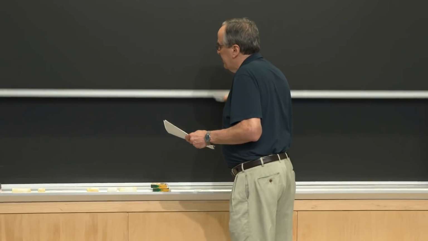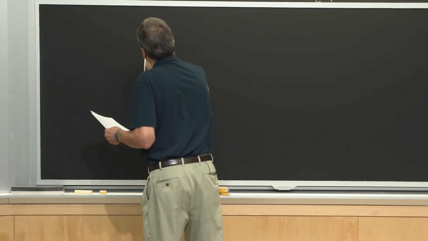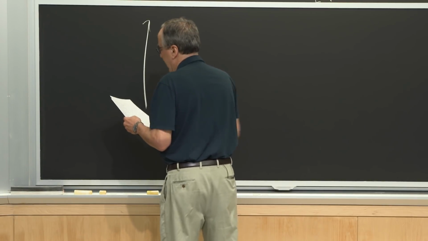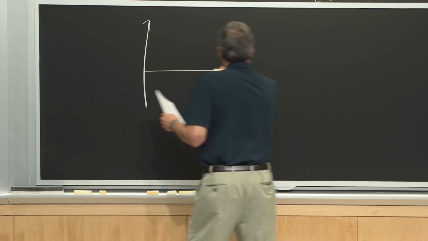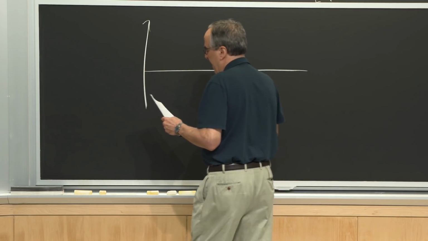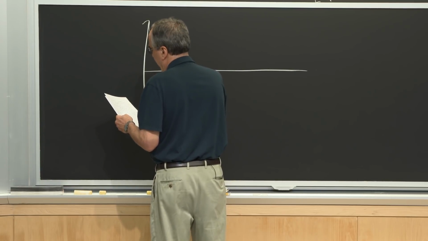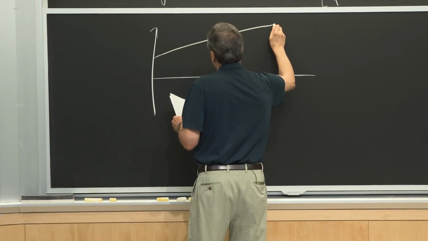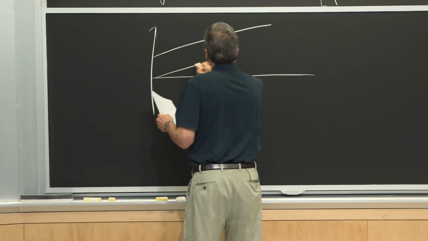Now, let's look at this in more detail. So we have the z-axis, and here's horizontal, and we have a path to the screen and another path to the screen.